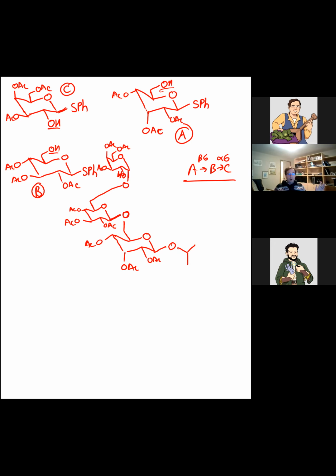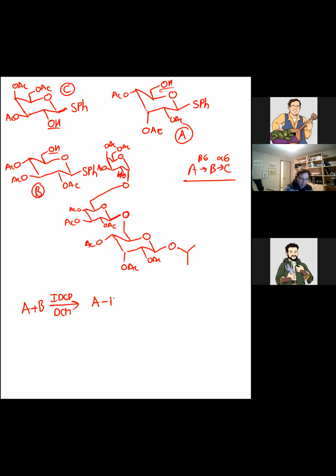Okay, that's not too hard. I've given you the protecting group strategy, so all the OHs are in place in the right spot. Now the issue becomes, how do I get these to react together? Let's say you're thinking, okay, it's a thiophenol, I know how to do this. I take IDCP or NBS and triflic acid. So I take A plus B and treat that with IDCP and DCM.